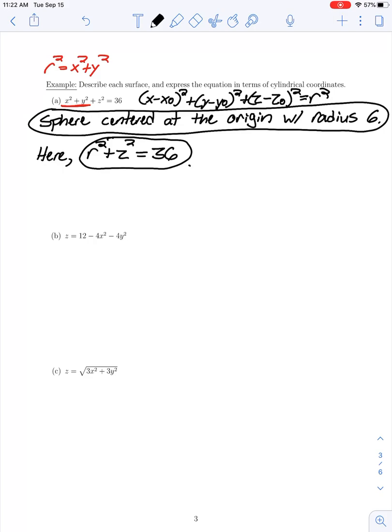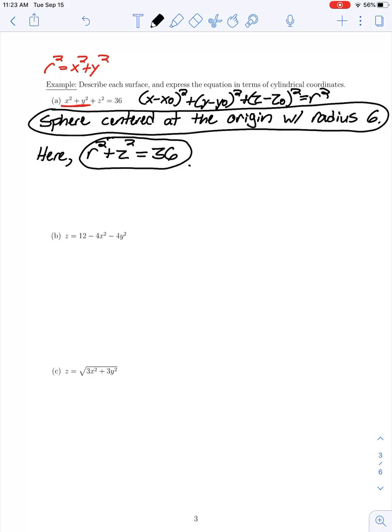So let's look at our part B equation. We have z equals 12 minus 4x squared minus 4y squared, which we might recognize as the equation of a paraboloid, an elliptical paraboloid. So let's take a look here.